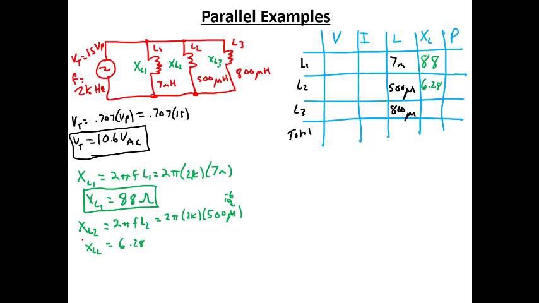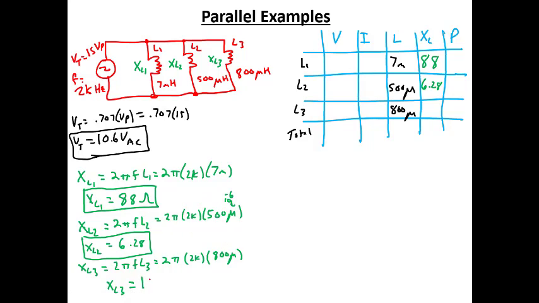And then the last one, X sub L3 is 2 pi F L3. So that's 2 pi times 2k times 800 micro. Again, 2 times 3.14 times 2k times 800 micro, again micro is 10 to the negative 6.